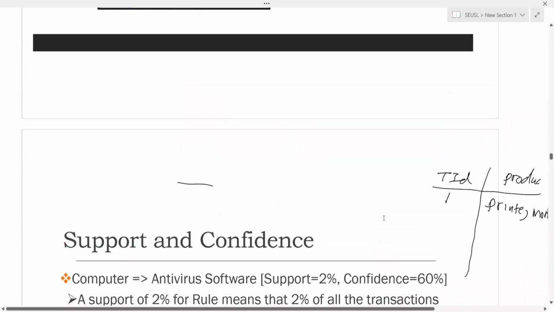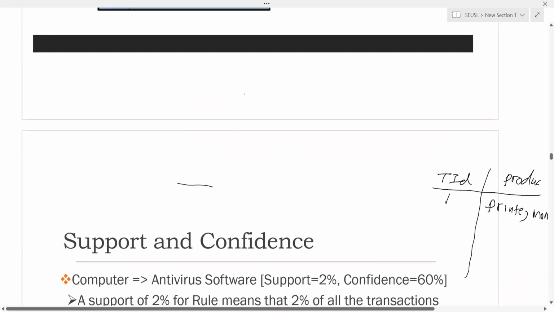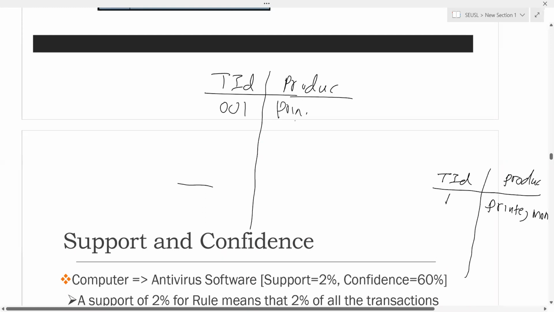Okay, I write here: here my transaction ID, here the products they purchased. Transaction ID 1 says he is buying a printer and monitor.